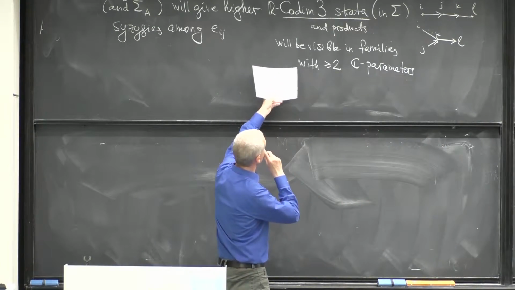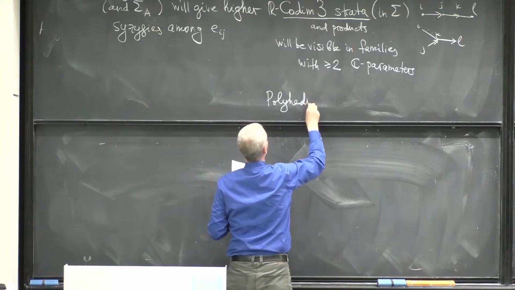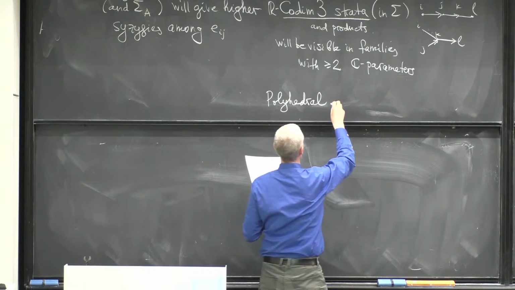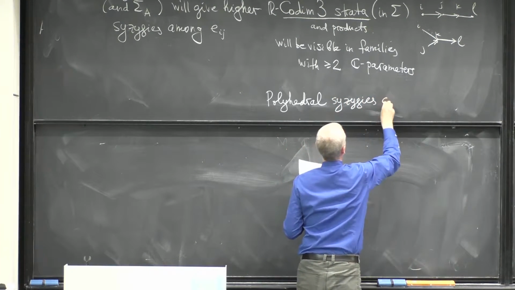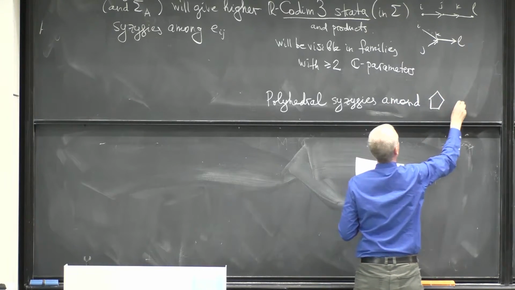So they would correspond to polyhedral syzygies. As I said, a polyhedral sphere whose boundaries are built out of those things, among this relation and this relation.